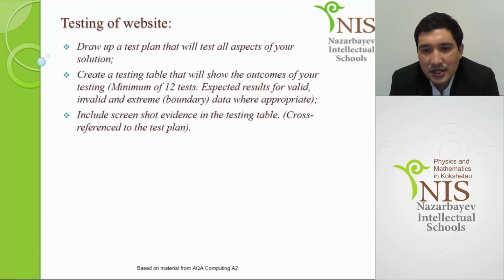Second, create a testing table that will show the outcomes of your testing. Minimum we must write about 12 tests. Express the result for valid, invalid, and extreme boundary data where appropriate. And third, include screenshot evidence in the testing table, cross-referenced to the test plan.